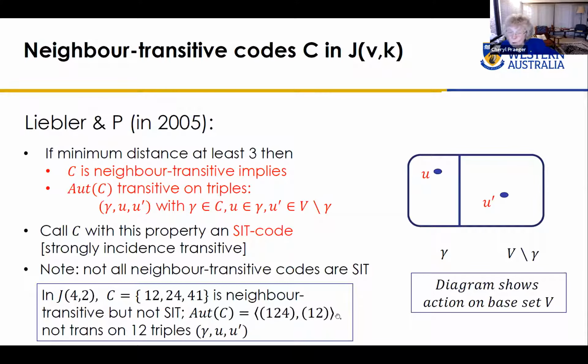Its automorphism group is this symmetric group of degree 3, size 6. And it's not transitive on these triples because there's actually 3 choices for gamma, 2 choices for u, 2 choices for u prime. That's 12 triples and it's just not big enough. So there are some neighbour transitive codes which are not SIT codes.